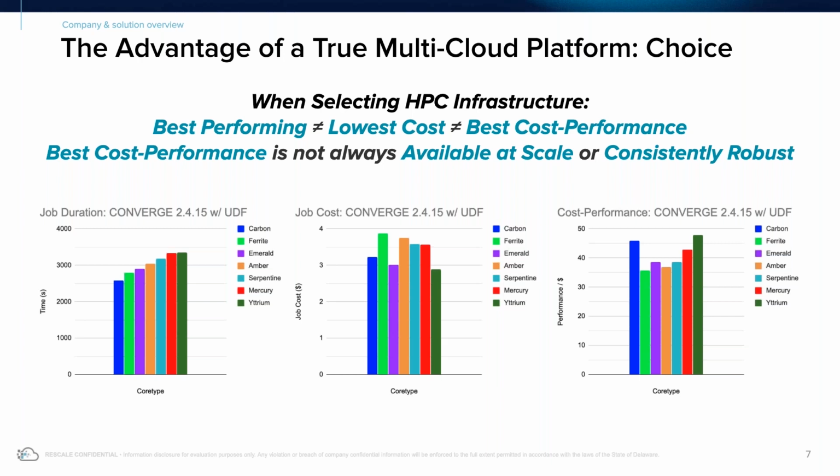When you're constrained by just a single hardware option, you're not going to be able to react. But once you have access to multiple resources, multiple cloud providers, you're going to be able to make that decision. And certainly Rescale and our team of solution architects and HPC engineers can provide guidance into what is the optimal core type depending on what your goals are.